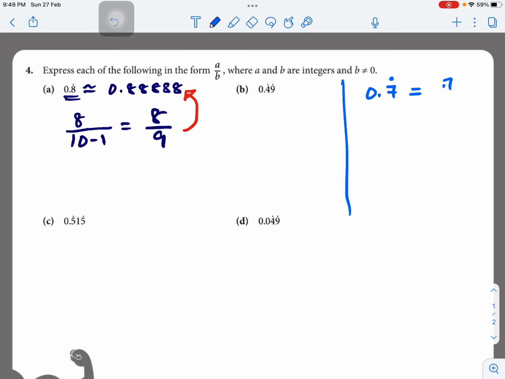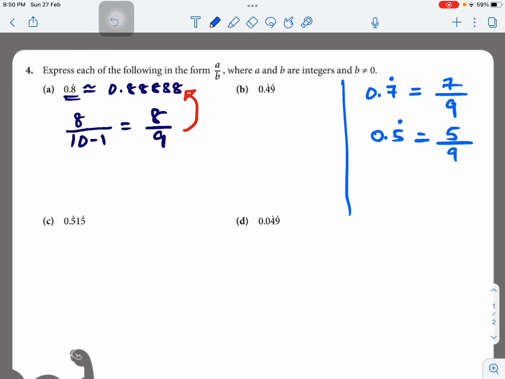But you minus the 10 by 1, so you get 7 over 9. Another example. The closest you can get for 0.5 recurring is 5 over 10. So the denominator you minus by 1, you get 5 over 9.